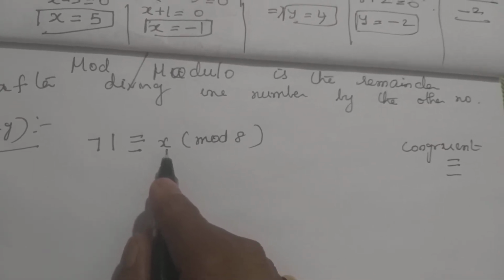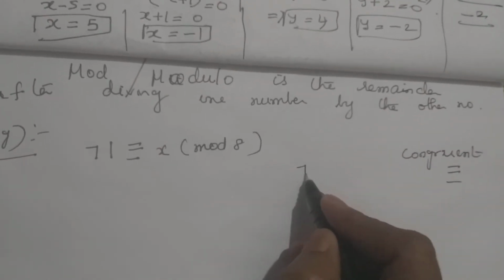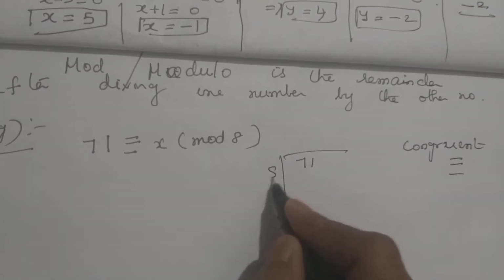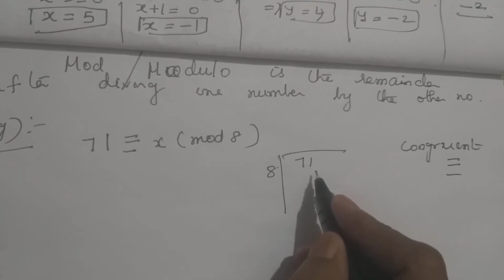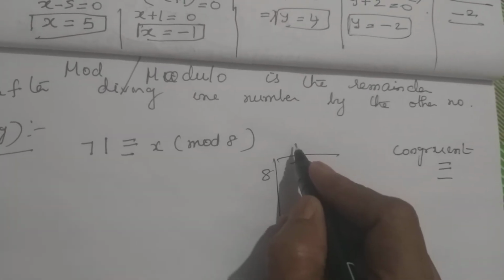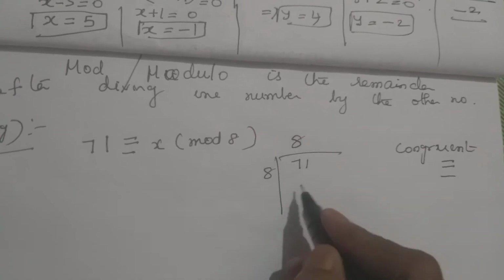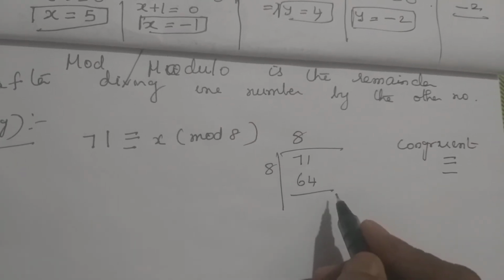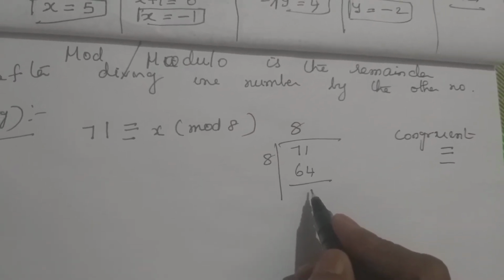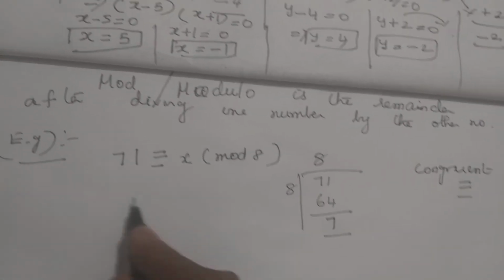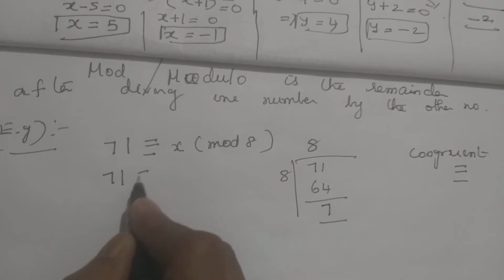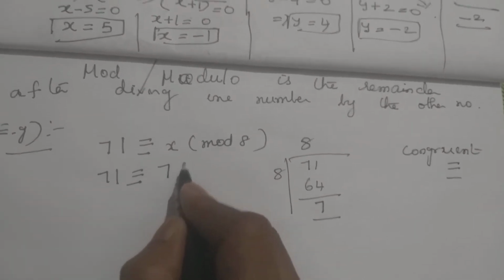When you divide 71 by 8, 8 only goes, because 8 8s are 64. What is the balance remainder here? 7. So your answer here for x is 7.